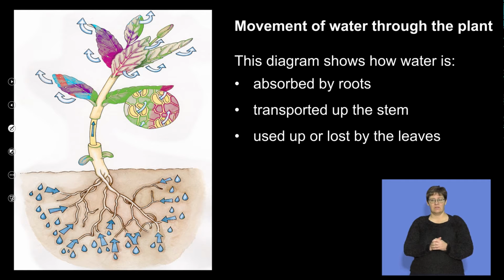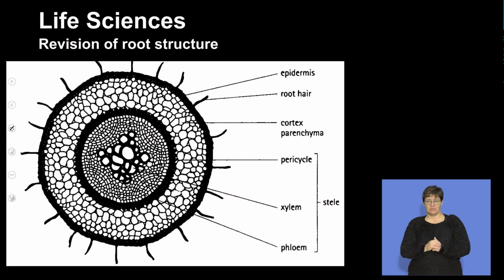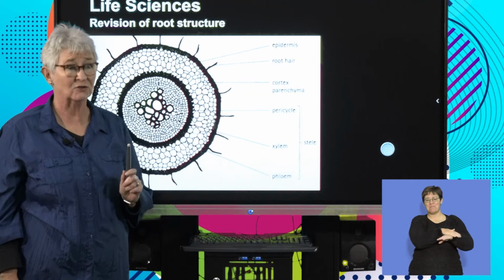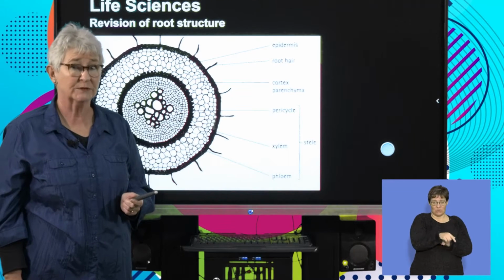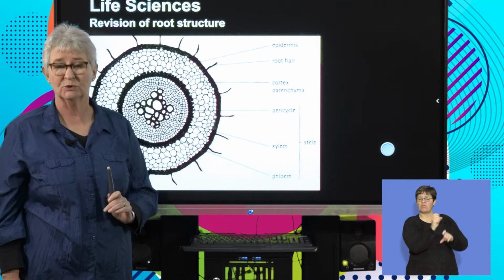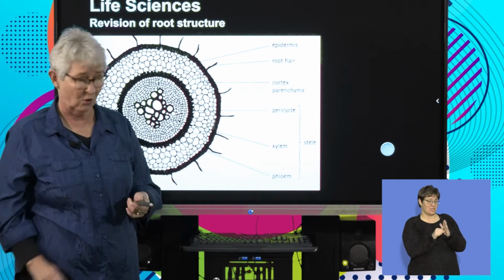Last lesson, we looked at how leaves lose water in transpiration, and this lesson we're going to look at how the water gets to the leaves, namely through the roots and the stem. To be able to understand this, you need to remember the basic structure of a root, and I'm just briefly going to revise that, focusing on the parts which are important for water transport.